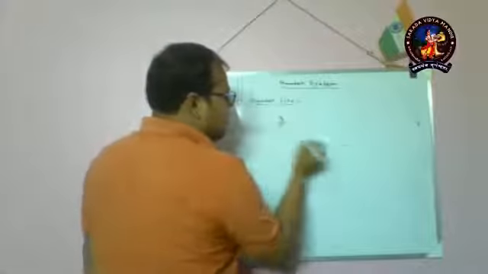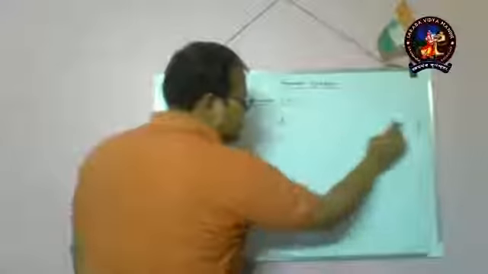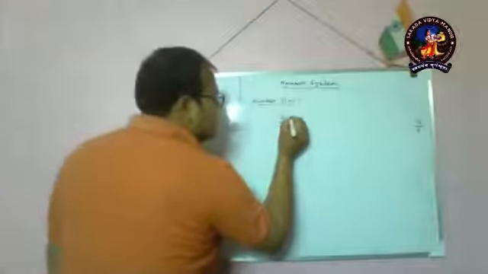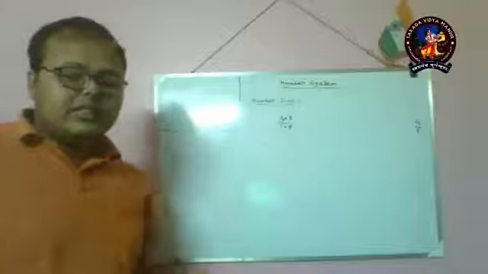So we can write 3 and 4 as 3 by 1 and 4 by 1. Thus they are rational numbers. And if we have to include 6 rational numbers between them, we are going to multiply both of them by 7.